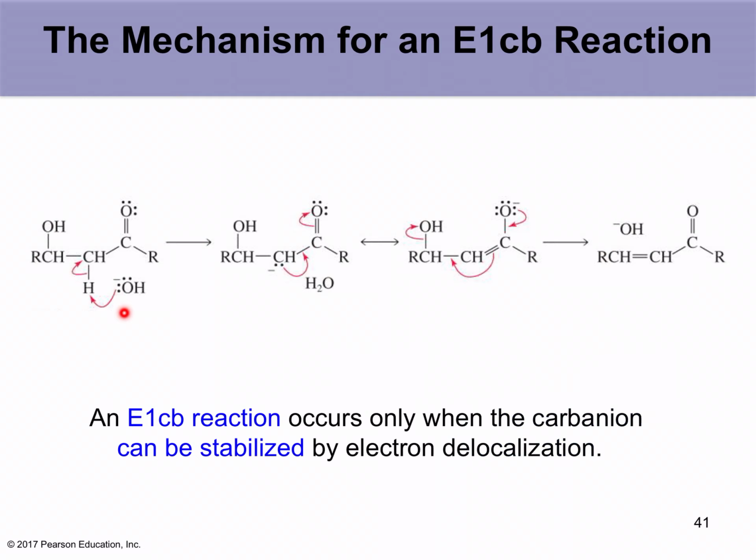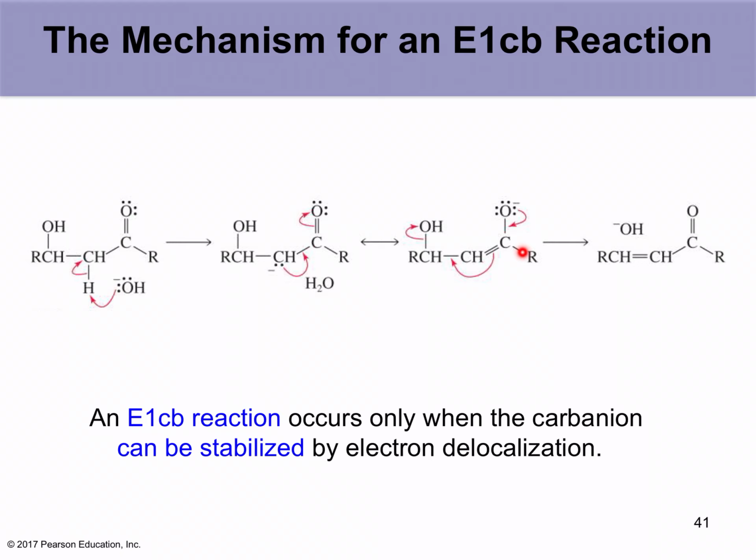So the hydroxide takes the hydrogen from the alpha carbon instead of getting it from the alcohol, forming a carbanion. Now the carbanion is resonance stabilized like this. It gives the lone pair to the carbon-carbon bond to form a pi bond, and then the pi bond in the carbonyl group opens up.